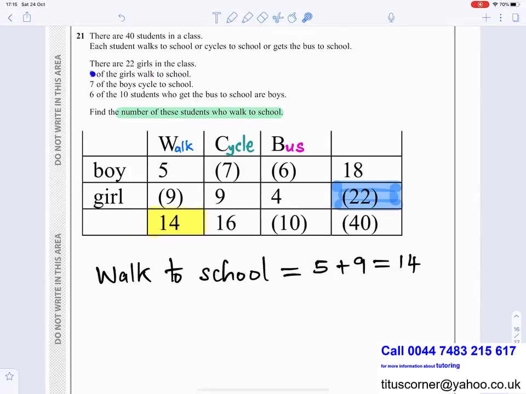9 of the girls walk to school, so we put in 9. The 9 in brackets is the one that's given in the question.